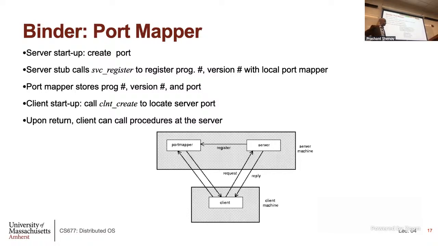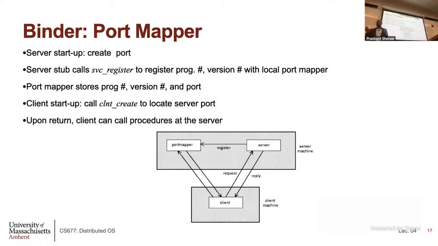Okay, that's a good question. So what if there are multiple servers that ask for the same service? Okay. So the thing that you have to do is, when the server is registering itself to the port mapper, it either has to pick a unique name for itself, or if there are two services that, let's say, both provide hello world service, you have to at least pick different version numbers.